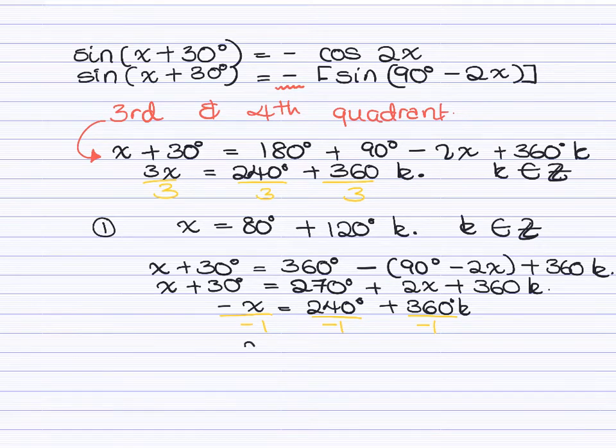When you do this, you're left with x is equal to negative 240 degrees minus 360 degrees k. Now, this last part, the negative 360 degrees k, you can leave that as positive 360 degrees k, because when you plug in your integers, you will end up with the same values.